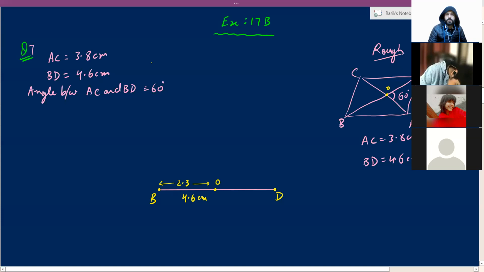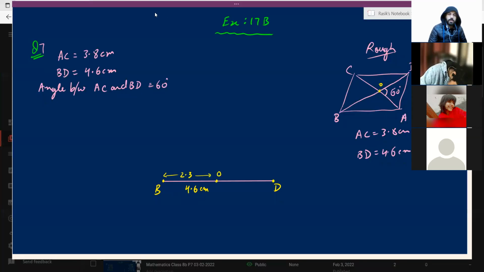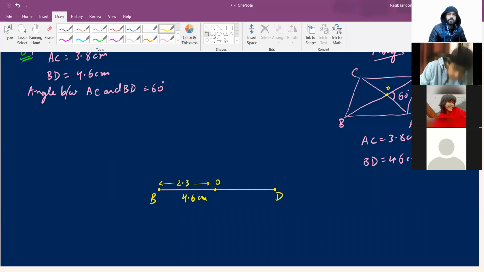Now construct a 60-degree angle at the point O. Why are we constructing a 60-degree angle at point O? Because we are going to make an angle of 60 degrees between AC and BD. So you all know how to construct an angle of 60 degrees.